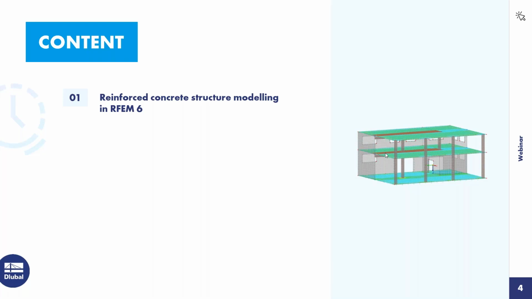I will define some additional settings for the finite element mesh generation, take care of the singularities to avoid them, and the joint of the column to the slab. We'll also go into the design for the punching groove, which is especially at these nodes here where the columns are placed.